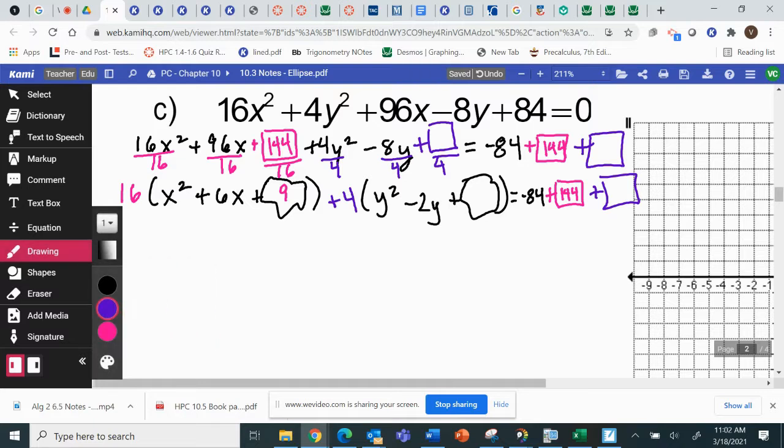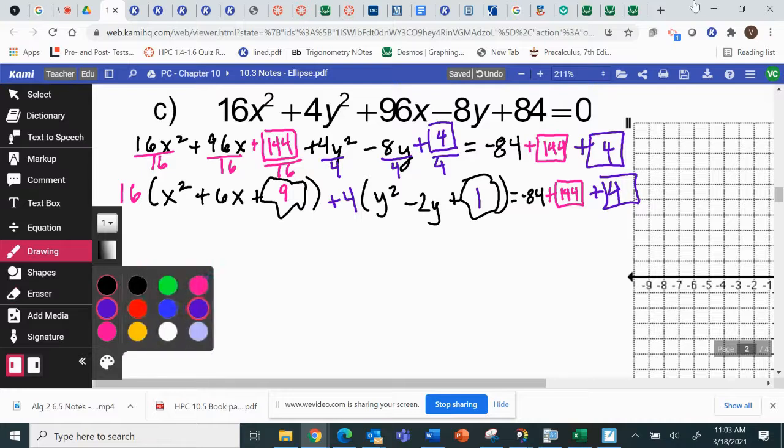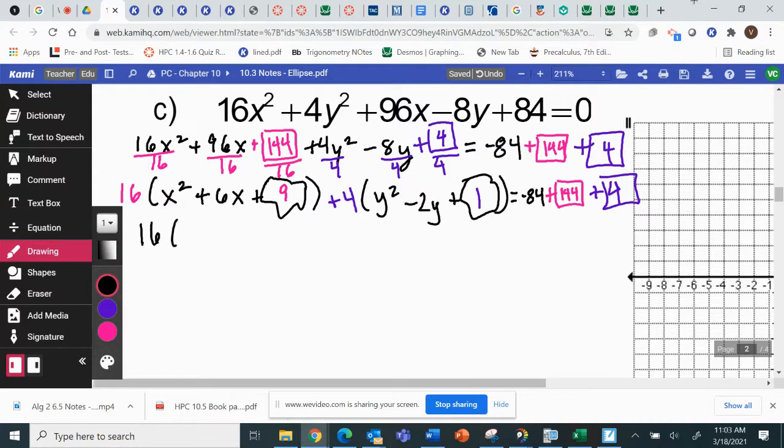Okay, and then the second one, does anybody know what goes in that one, just on the inside? 1. And then I'm going to put the 4 back in, so it's 4 that gets added to the other side. So I've got 16 parentheses x plus 3 squared, plus 4. And for this one, just be careful that you don't forget that it is a negative 2. So we have to have minus 1 squared when we factor it.